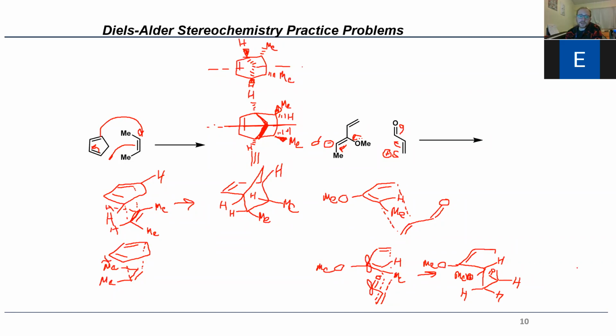And so when I look at this product, I see that, for example, these 2 hydrogens are on the same face as each other. And so when I draw my product, I draw it so that those 2 hydrogens are on the same face as each other. And so I have methyl, hydrogen, hydrogen.